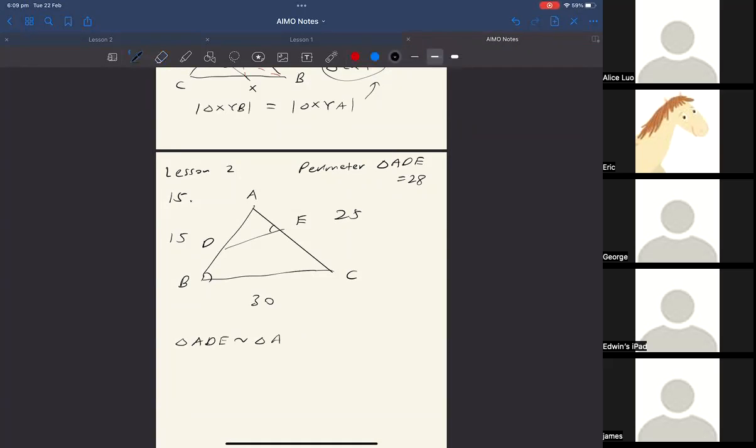Okay, so hopefully you guys have found this set of similar triangles. The reasoning is your common angle A, and they gave you 2 equal angles as well. So that's why these 2 triangles are similar.